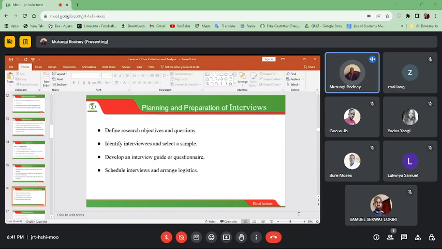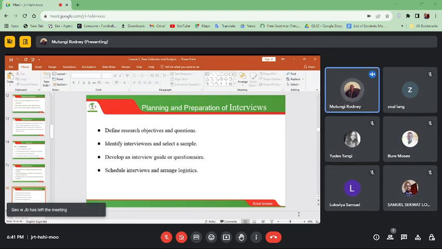So we plan and prepare for these interviews by looking at our research objectives so that our questions align with these objectives and questions, okay? So you cannot be having questions about stunting and now in your interviews you're asking about smoking, okay?